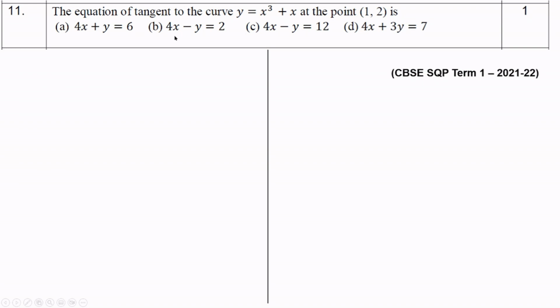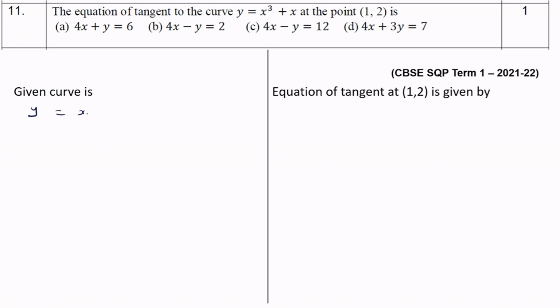Next question. The equation of tangent to the curve y equal to x cube plus x at the point 1 comma 2 is. Again, this is also an easy question. From this we can find the slope of the tangent and we can find the equation of the tangent at this point. So the given curve is y equal to x cube plus x.